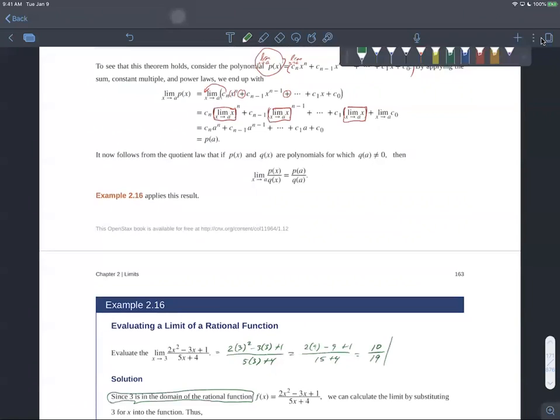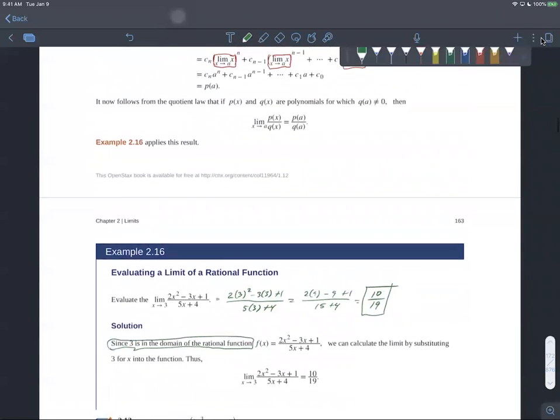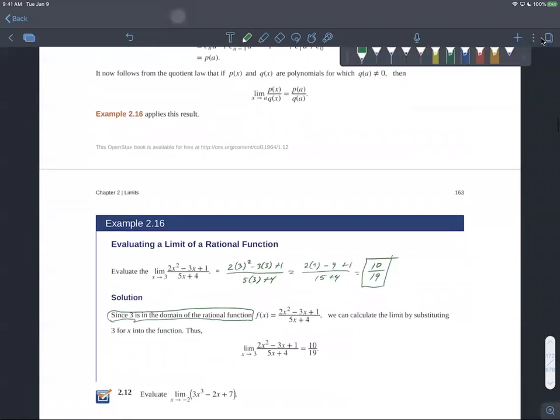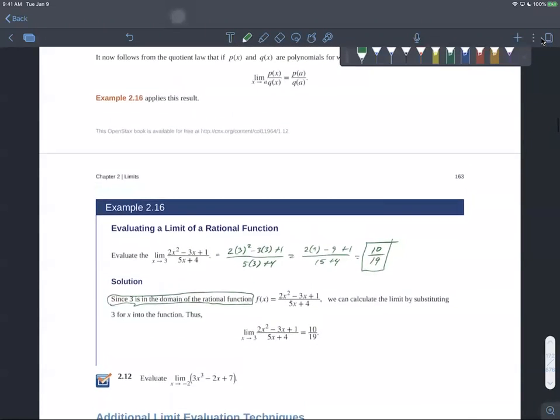So 10 over 19, that is the value of our limit. Notice that that's way easier, but we had to kind of earn the ability to do this by noticing that those limit laws for polynomials and rational functions is basically the same as just plugging in your number. And so 10 over 19 is our answer. Okay, way easier.